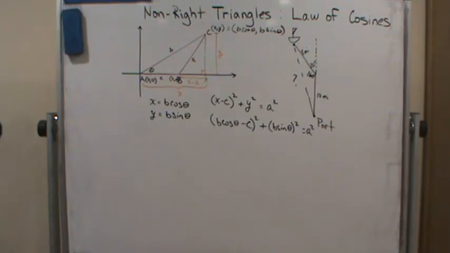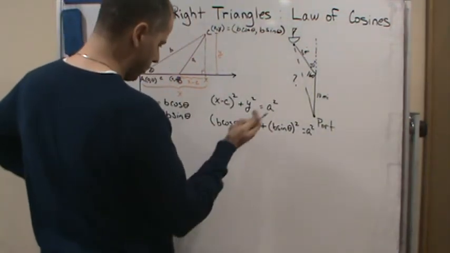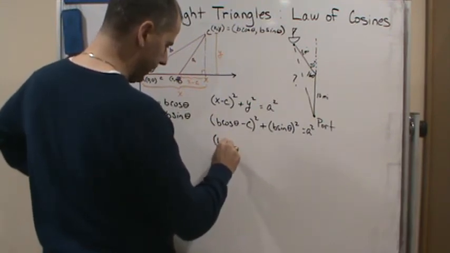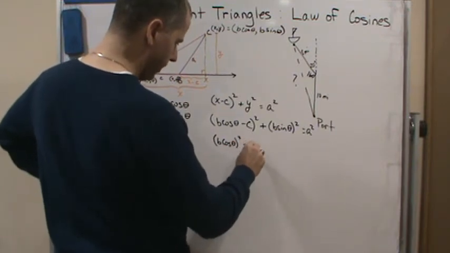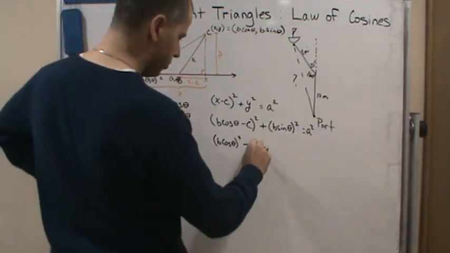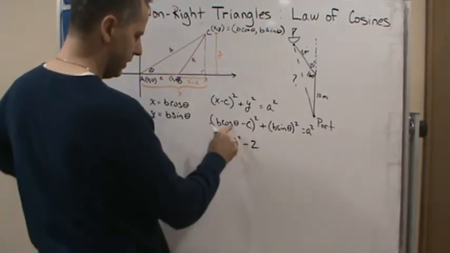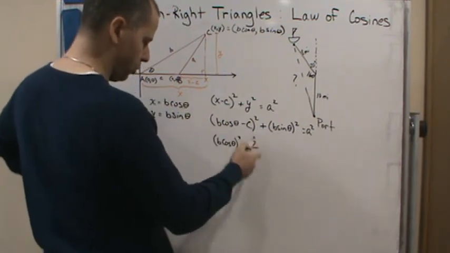Let's expand this out. So again, I'm going to just FOIL it. So this is going to be b cosine theta squared minus 2, because I'm going to do this times this, and then this times this, so I'm going to end up with 2 of them.